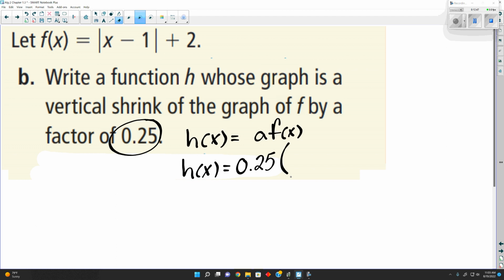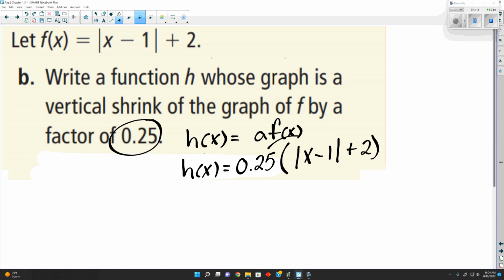Now we can plug the function in place of f of x, which is going to be our absolute value of x minus 1 plus 2. Now we do have to multiply through by the 0.25 to get our final answer.